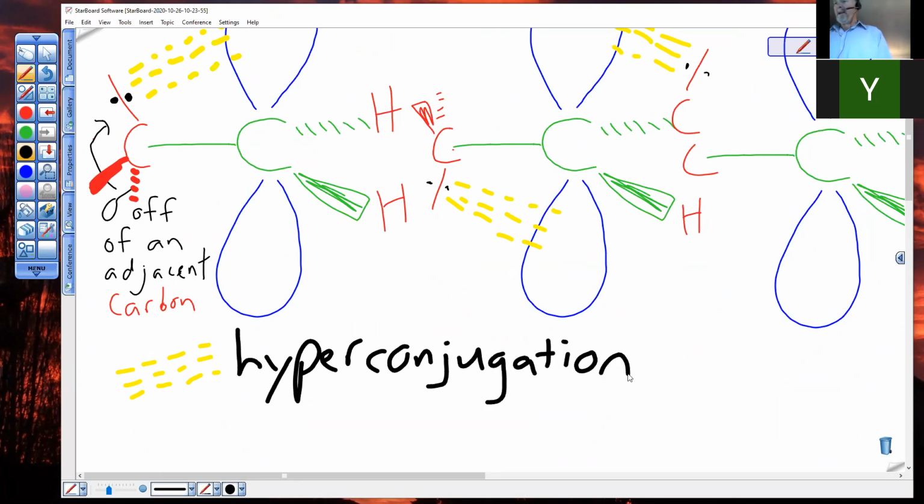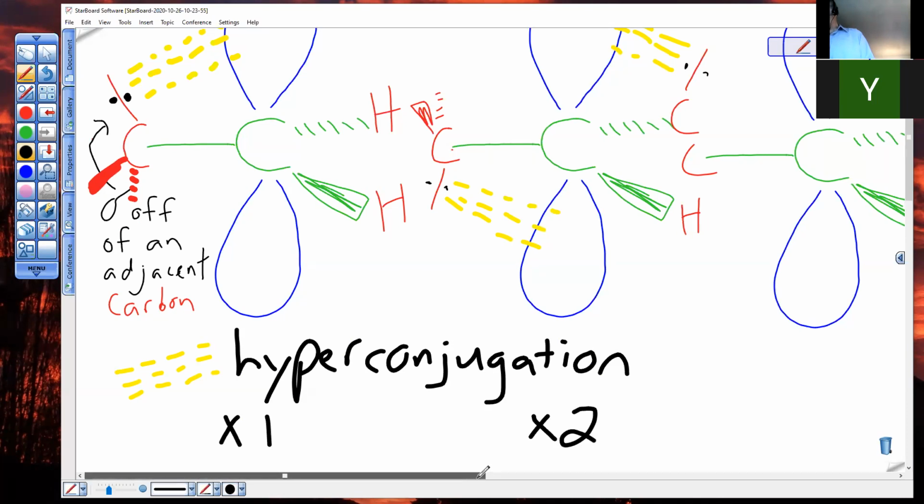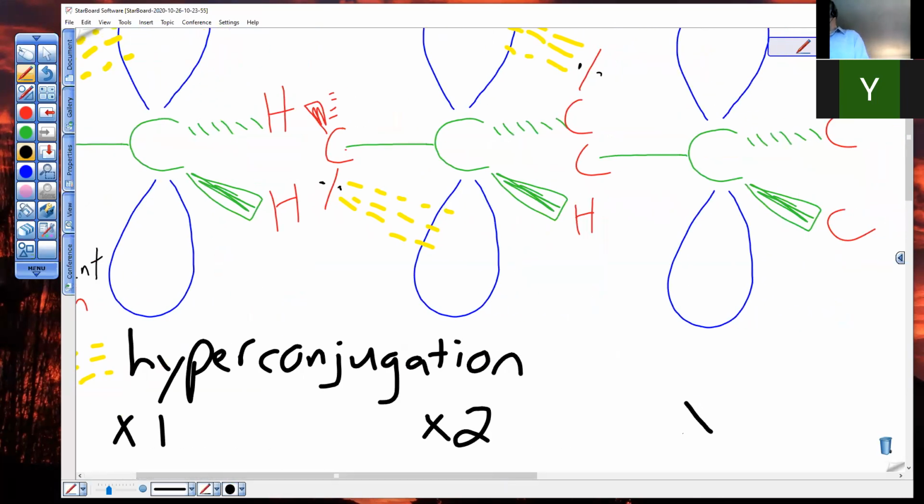And here we have times 1, primary, hyperconjugation times 1. Over here, times 2. I got both of them showing up there. And in our last one, it'll be times 3.